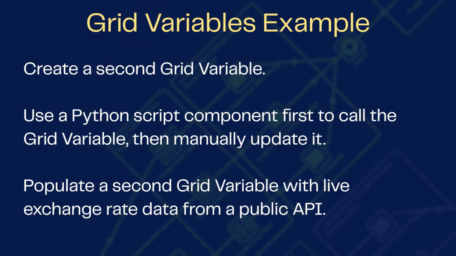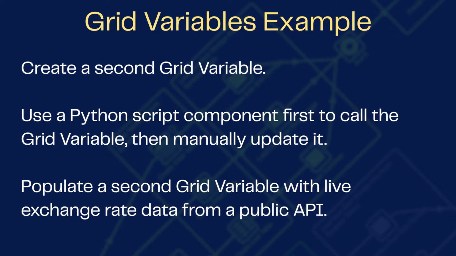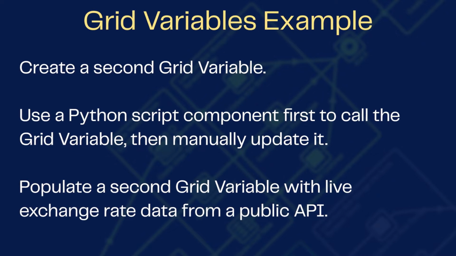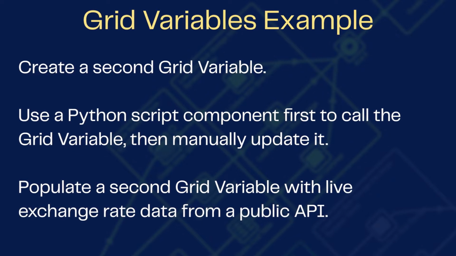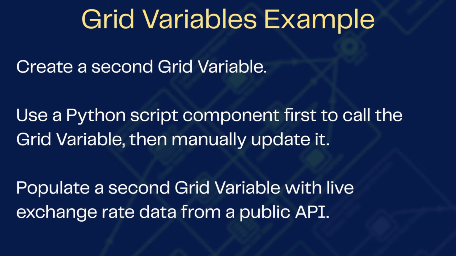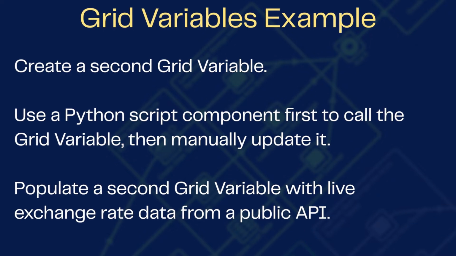Then we'll create a second grid variable and go through how to use a Python script component first to call the grid variable, then manually update it. This grid variable will contain currency exchange rate data to insert into the table we made previously. Finally, we'll populate the second grid variable using the Python script component with live exchange rate data from a public API.